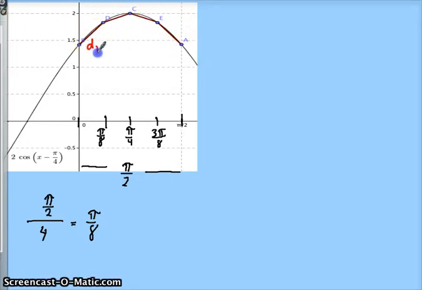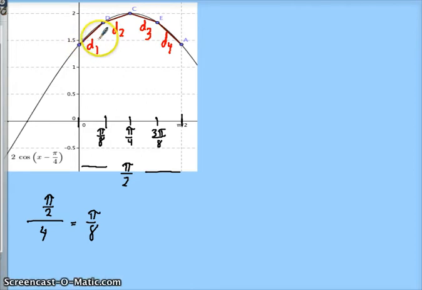So if I look at this distance, d1, d2, d3, and d4, I can see that this distance, d1, is the same as d4. d2 is the same as d3 because of the symmetry within the interval.